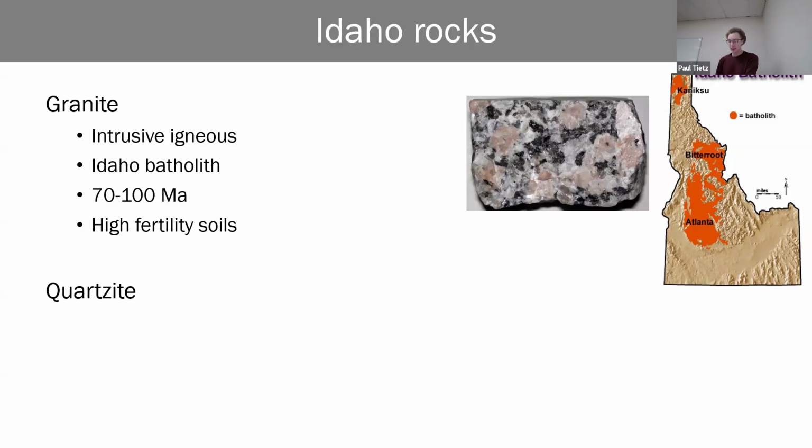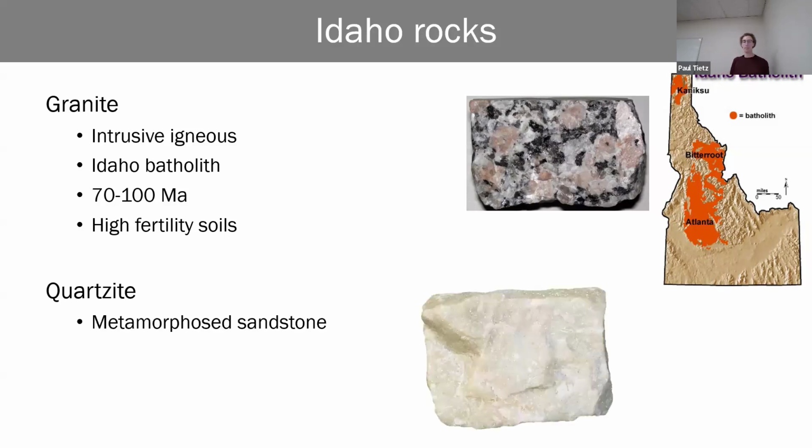Quartzite is not an igneous rock, but rather metamorphic. It's by definition metamorphosed sandstone. So if you imagine sandstone, a sedimentary rock, grains of sand essentially that are accumulating somewhere in some kind of depositional environment, maybe a riverbed or ocean floor, sand particles that eventually lithify, turn into rock, and then you take that sandstone rock and you cook it or subject it to intense heat or pressure.